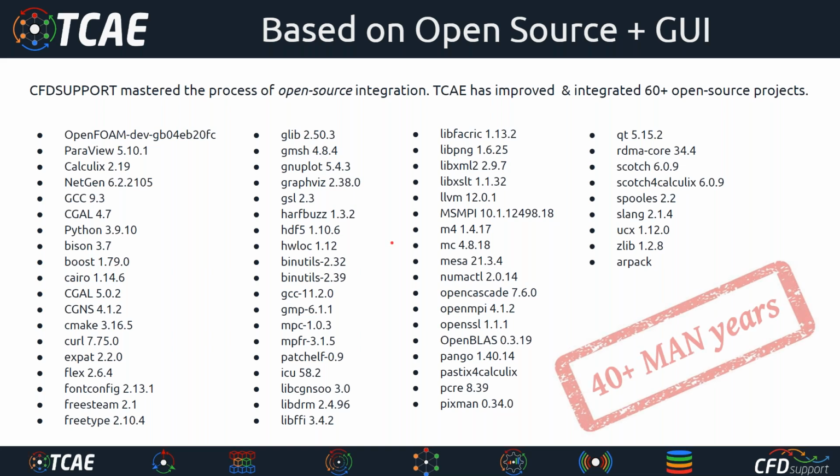And on top of that open source, here at CFD Support, we have spent more than 40 man-years in team-focused development to add the graphical interface and the automation layer, which makes it an effective tool.